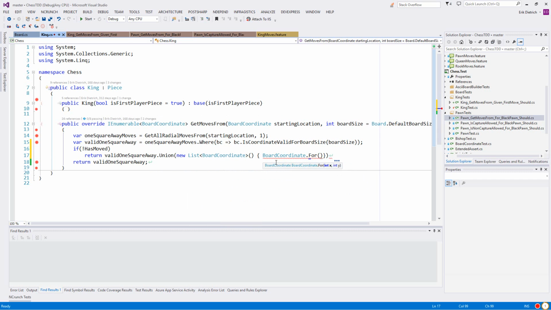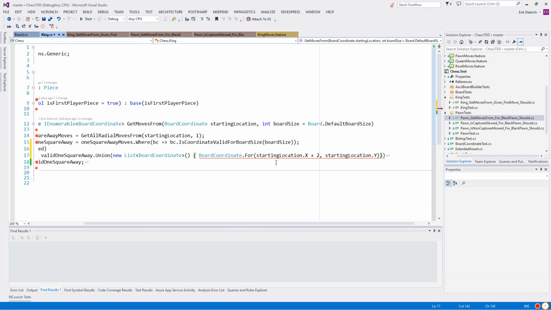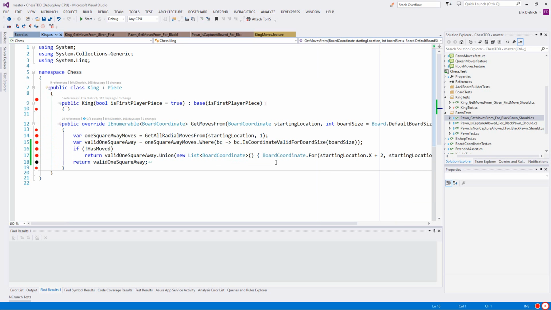What I'm doing here is, again, you're seeing me add in this conditional, and this is a good example of what I'm talking about. I'm saying if we haven't moved, then return this other coordinate. Now, why am I doing that? I mean, shouldn't I just try and not just return this coordinate, but if we have not moved, take everything we've done so far and then union it with this new coordinate?